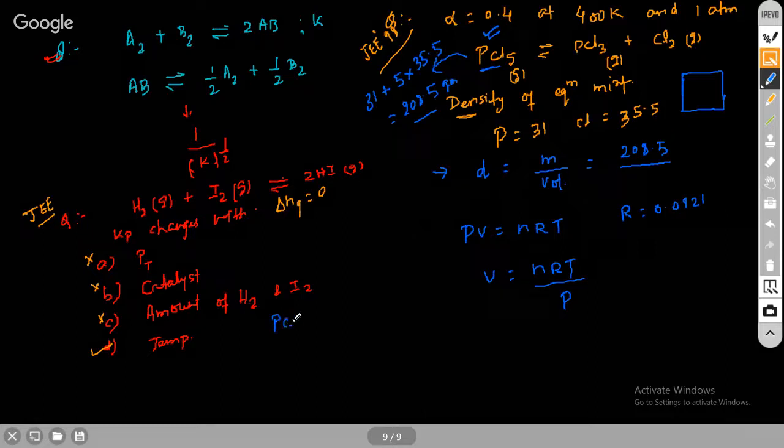For this reaction, PCl5 converts into PCl3 plus Cl2. If it is 1 initially, and 0 and 0, then at equilibrium it is 1 minus alpha, alpha, and alpha.